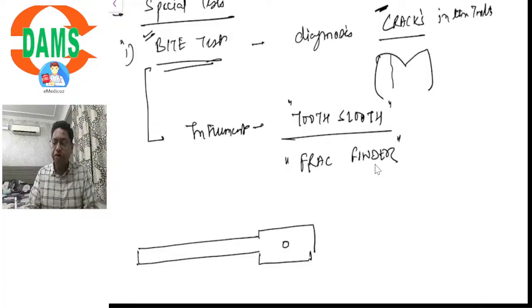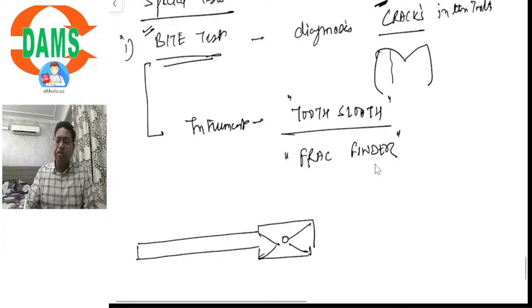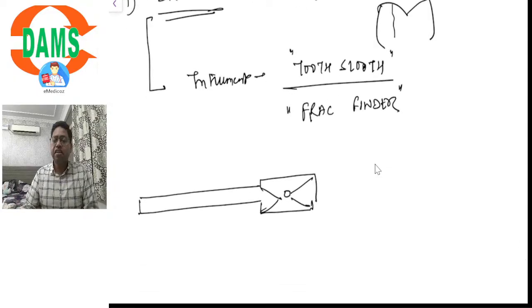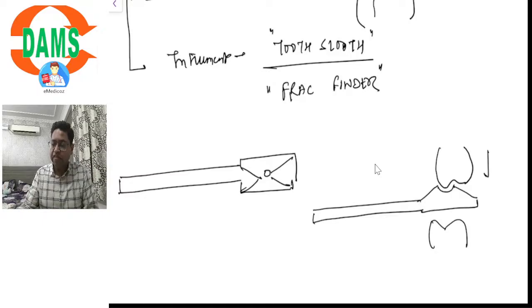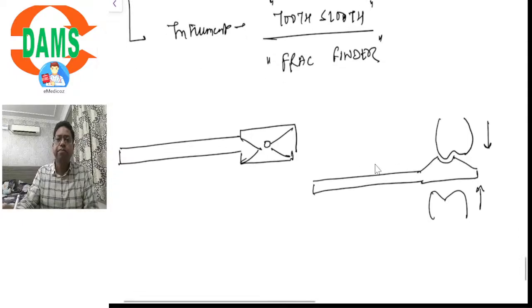There is a central cupped out area. When we see the device from the top, it is just like this, a very simple plastic device. When we see it from the side, it looks like this. So there is a central cupped out area. We place this cupped out area against the cusp being tested, one cusp at a time. This is the opposing tooth, and we ask the patient to bite upon it.